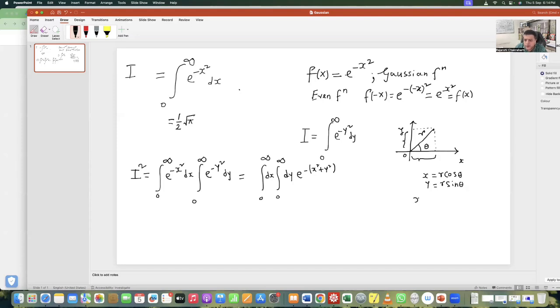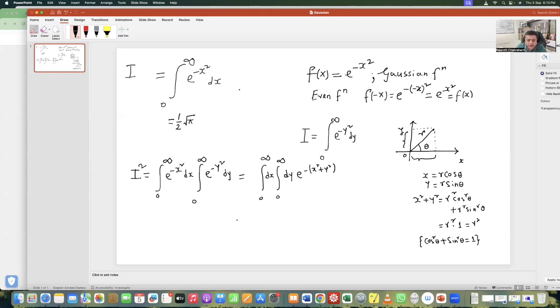And it is obvious that x square plus y square is r square cos square theta plus r square sine square theta, which is r square times 1, which is r square. Why 1? Because cos square theta plus sine square theta is 1. This identity everybody knows.